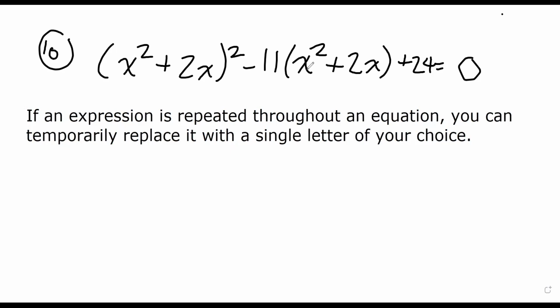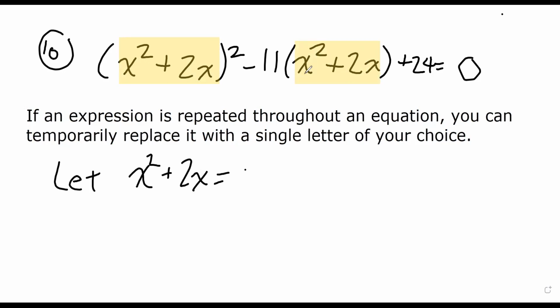So what we're going to do is highlight the repeated parts. Then I'm going to declare we're going to let that repeated part equal u, but it doesn't matter. We just can't use x again.